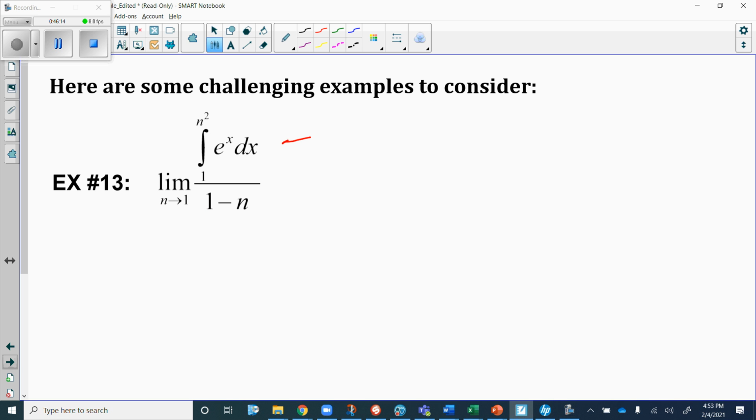This refers back to our fundamental theorem of calculus, part 2, where I said the derivative of an antiderivative is equal to f of g of x times g prime of x.